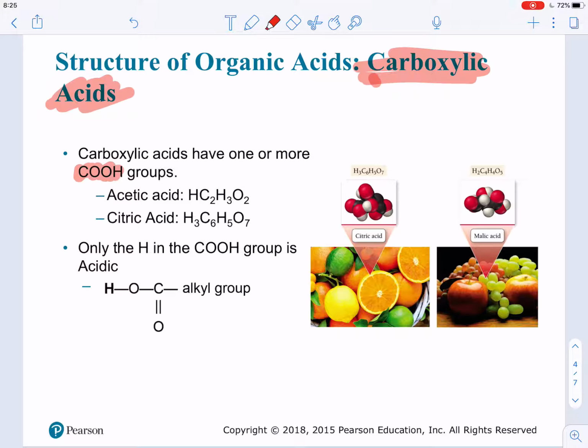carboxylic group there. And if you notice the structure here, you have these hydrogens there, and you have this hydrogen here. And the reason we write the formulas for those acids like this is that we are referring to that as the acid hydrogens.